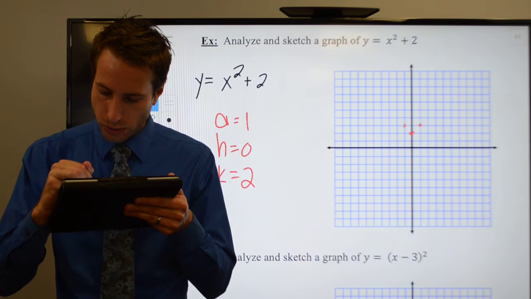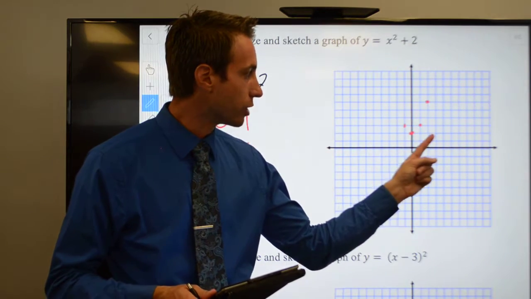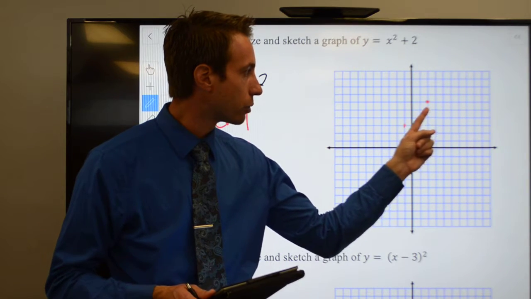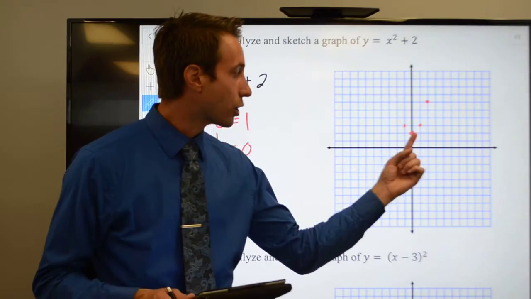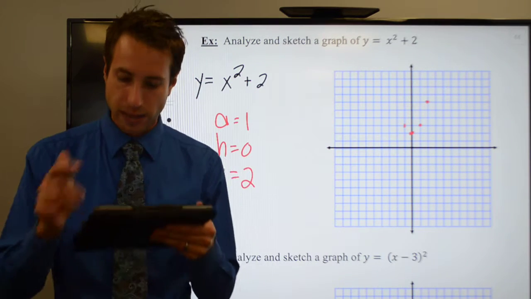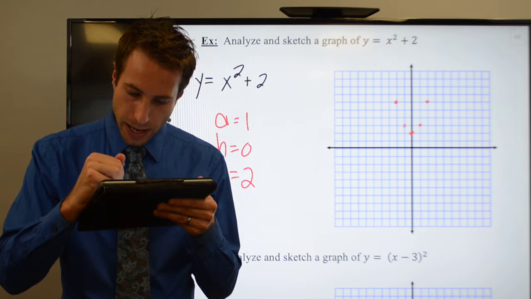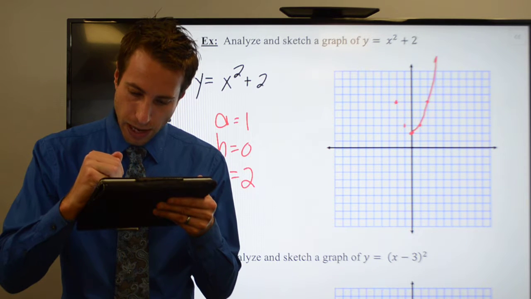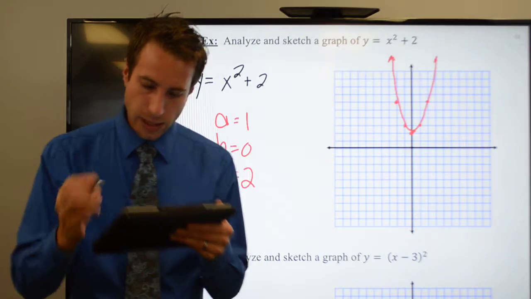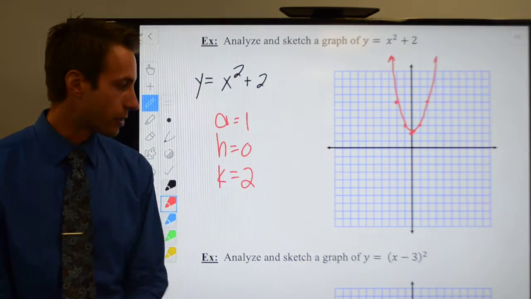So over 2, up 4. Same thing if I were to go back to negative 2: squared would be a positive 4. And we just sketch a parabola through those points. And that's how graphing transformations in vertex form works.